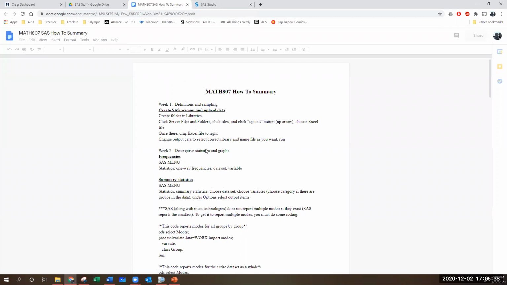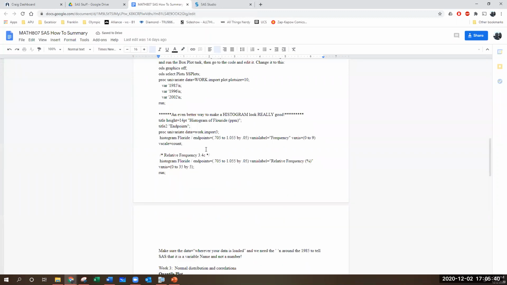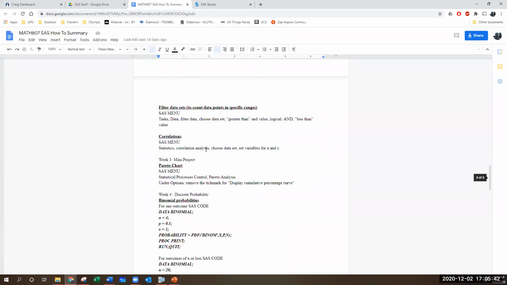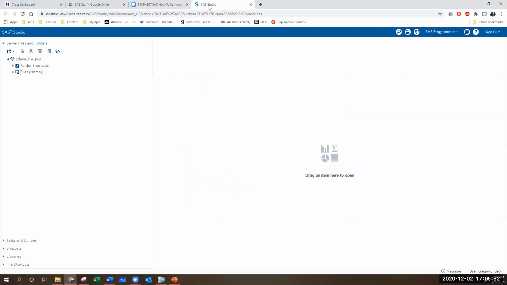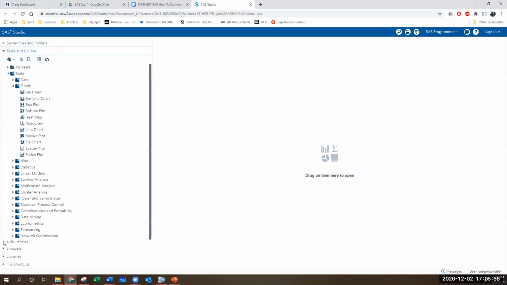So in SAS Studio, let me just get the code up here. We're talking about all of this code here in week 4. This is what we want to be using. It works with any task; you just open any task you want.